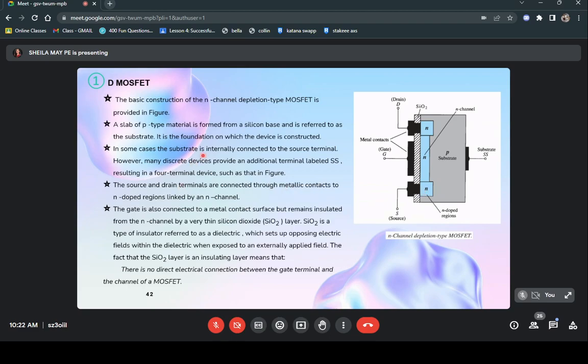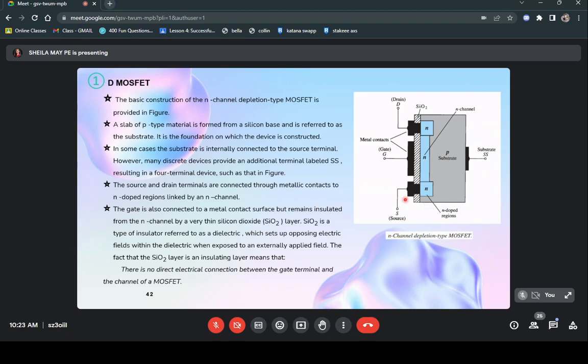Now in some cases, the substrate is internally connected to the source terminal. However, many discrete devices provide an additional terminal labeled SS or substrate, resulting in a four-terminal device such as in the figure. For some, the substrate is internally connected to our source terminal.